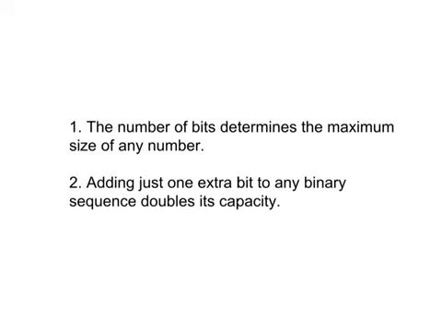Secondly, just by adding 1 bit to the end of any binary sequence effectively doubles its capacity. Whereas with 3 bits you can store 8 different values, that's 0 through 7, with 4 bits, you can store 16 different values, 0 through 15, and every time you add a bit, you double how much can be stored.